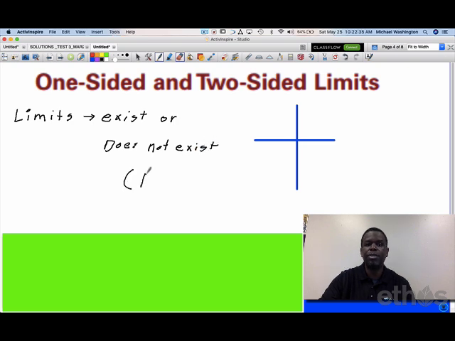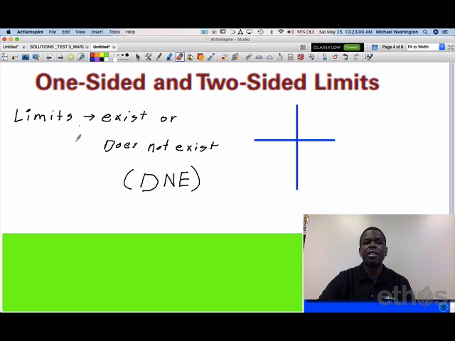So this is huge here. Does this limit exist or not? If it exists, it will be equal to a finite number, so 2 or 4 or 12. If it doesn't exist, we'll explore this more, but it'll be something very strange going on. The answer won't always be finite for these scenarios. So limits exist or do not exist.